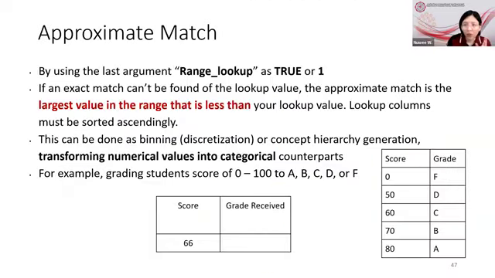So when we use approximate match, it means that if we cannot find the exact match, the approximate match will try to choose the lower value, the value that is less than the one that we want to find, with the largest number or largest characters.